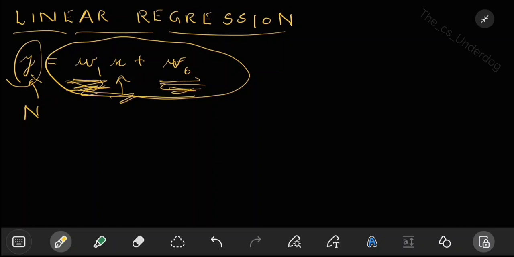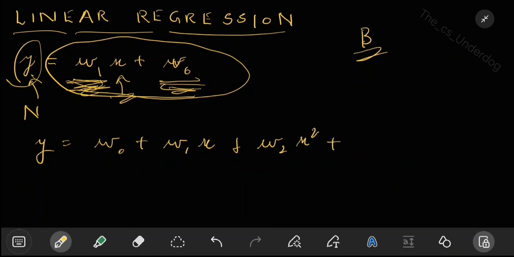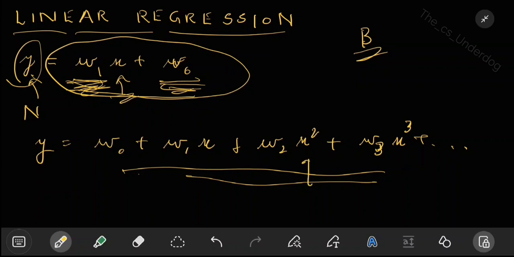So if you take Bishop, Bishop clearly states that if you have an equation which has higher order polynomials, let's say it is depicted by w0 plus w1x plus w2x square plus w3x cube, let's say it goes on like this. In this case, this is non-linear on x. So you would think this is not a linear model.